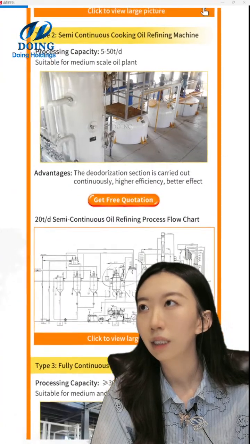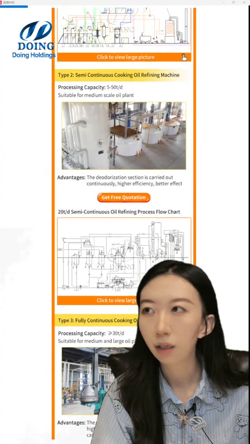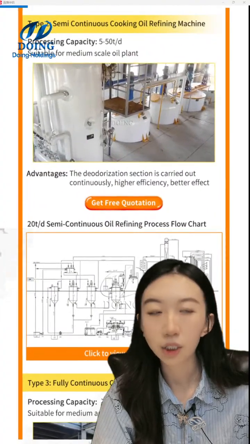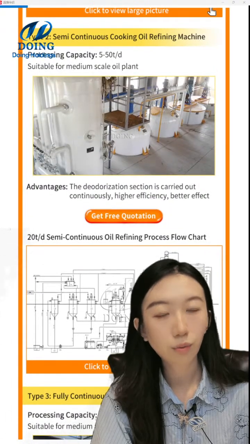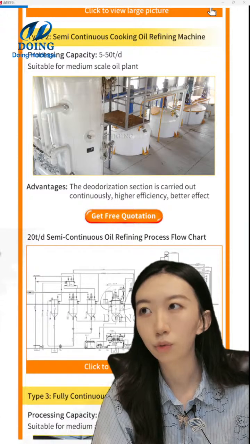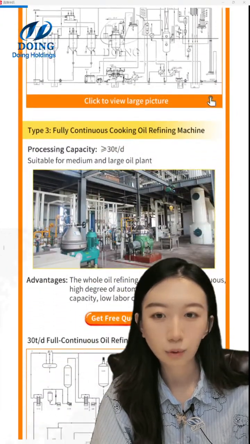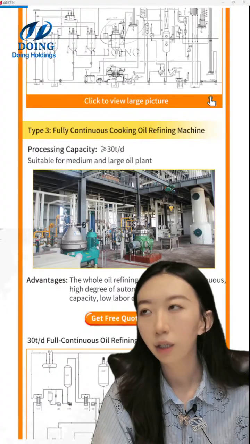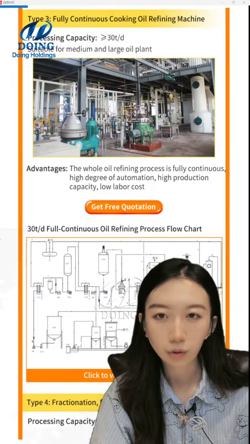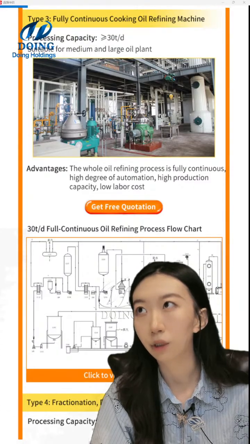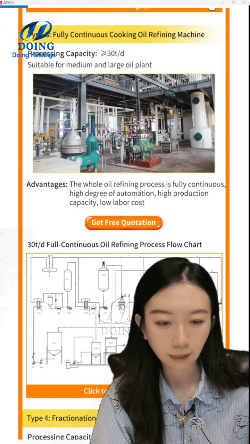So this type is high efficiency, with the advantages of efficiency and low investment. If you want to improve the efficiency and the automation, you can think about the semi-continuous refining equipment.